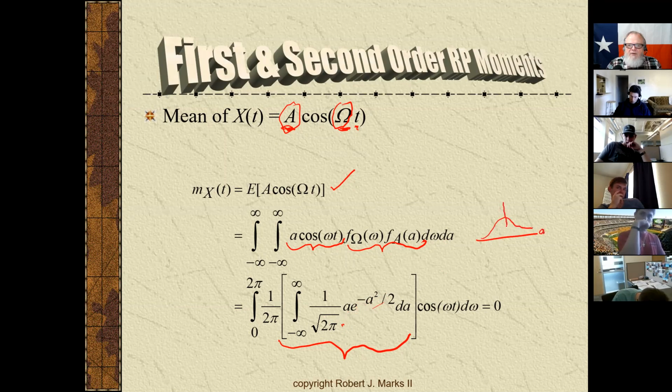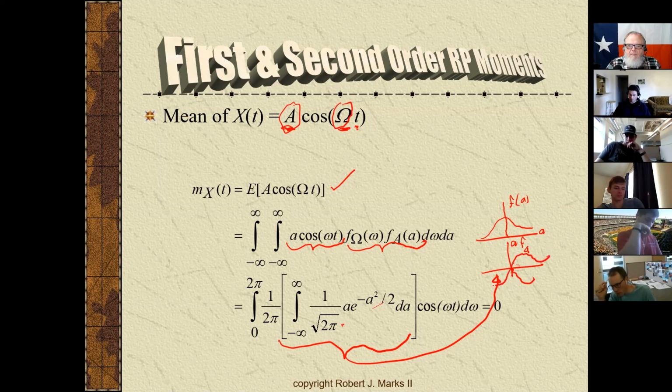So if we look at this as a function of A, it's going to look like this, right? If we look at the integrand with respect to A, we are going to get A times the density function. If this is the density function for A, the density function A times f of A is going to look something like this. Do you agree with that?